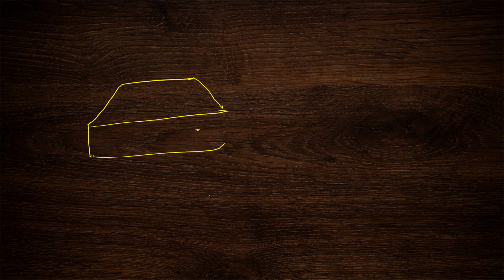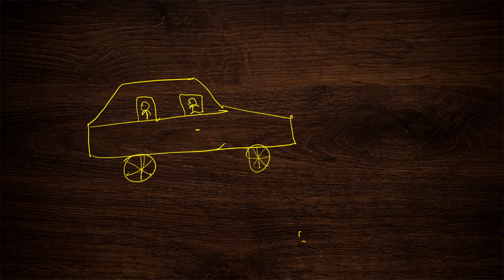Now, let's understand this with a small example. Here we have a car. You're traveling on it. This car weighs 600 kgs.